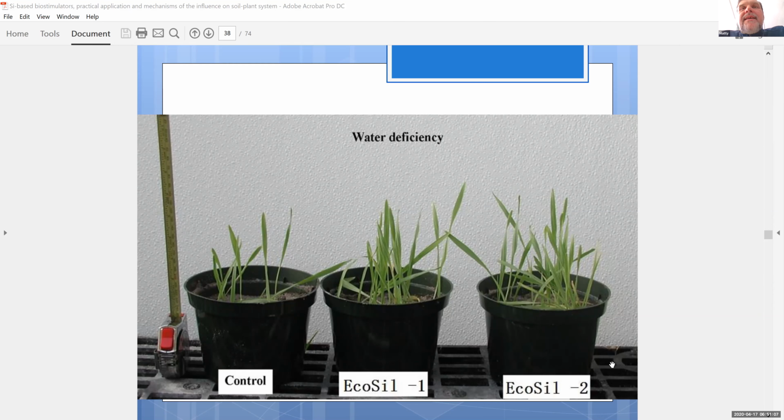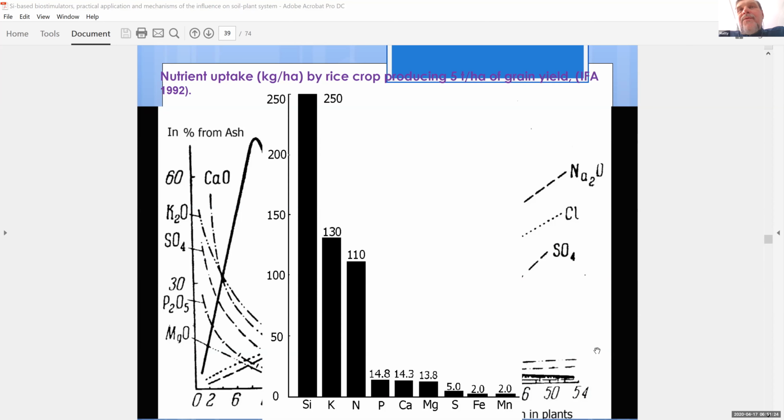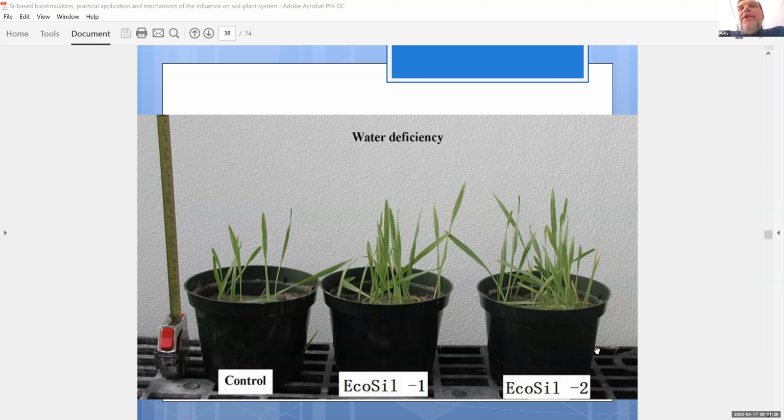In the neighborhood of the farmers where we conducted the test, the whole crop of sorghum died. But on the field where we applied silicon fertilizers, the whole sorghum yield survived.